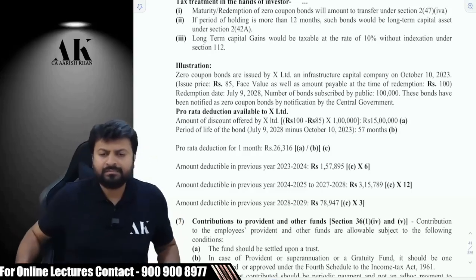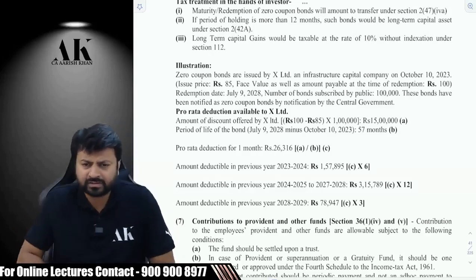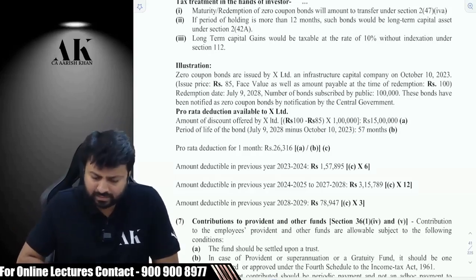Is it clear? It's a similar illustration with just a change of certain dates and certain amounts.